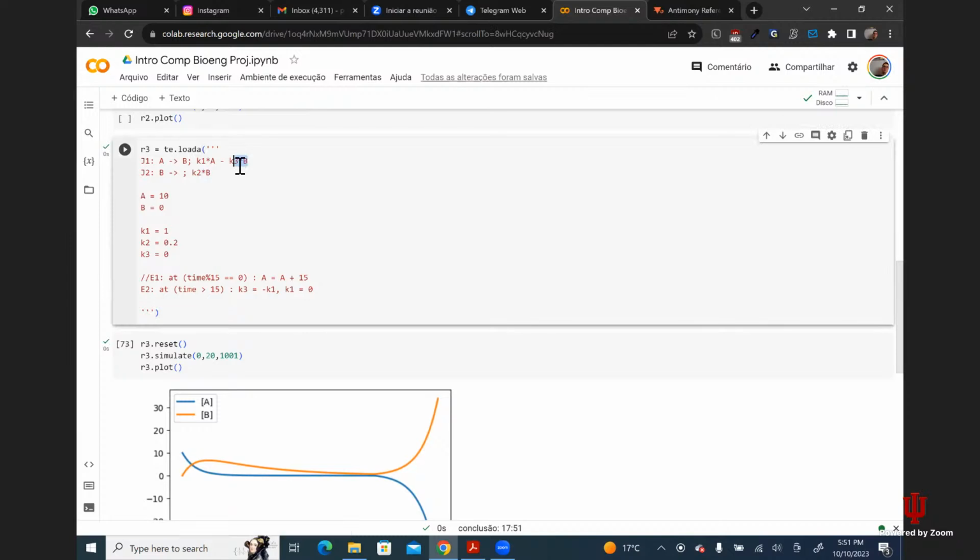But when B gets to 0, it should stop. But when K1 is negative, K1 is 0 now. Okay, well, I'm not sure. You're making K3 equal minus K1. I don't know. I don't have an intuition about what this will do.